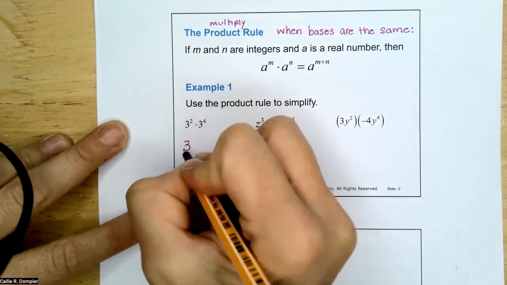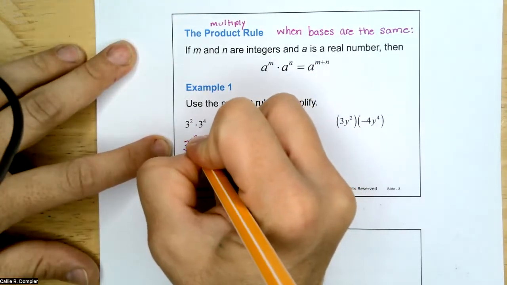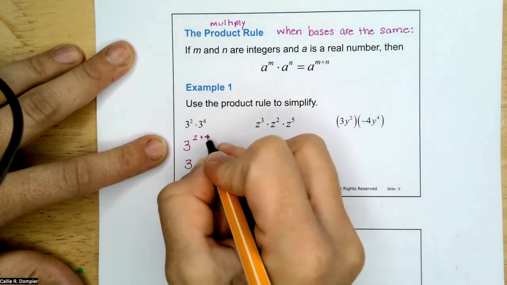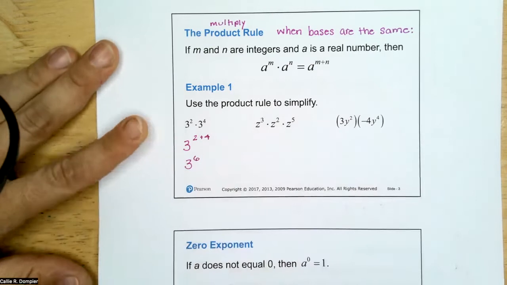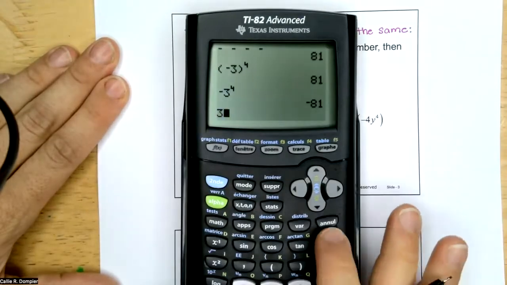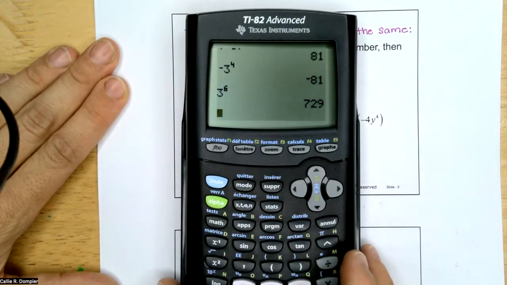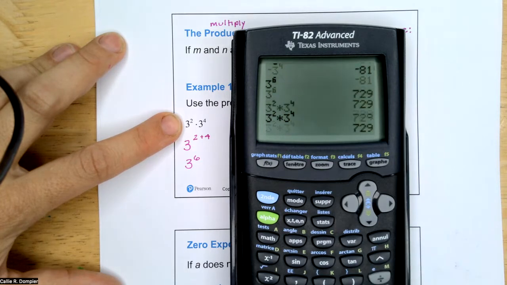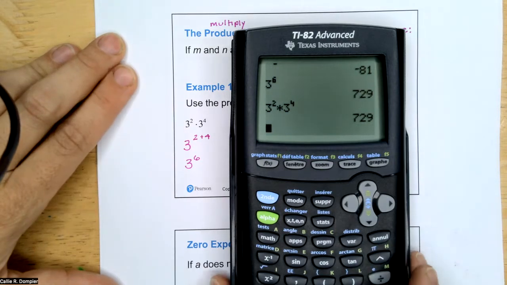That means we keep the base, and then we say 2 plus 4. 3 to the power of 2 plus 4 is 3 to the 6th. Okay, let's check that. 3 to the 6th is 729. 3 squared times 3 to the 4th is that same number, okay?